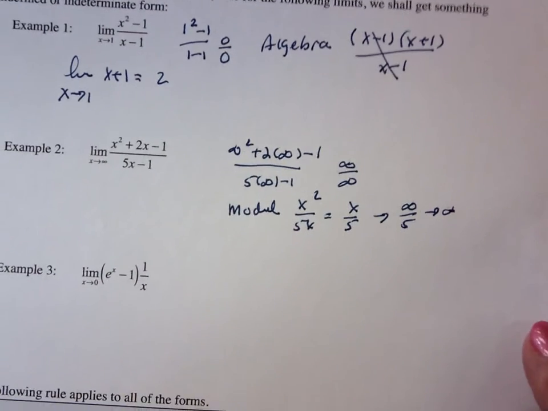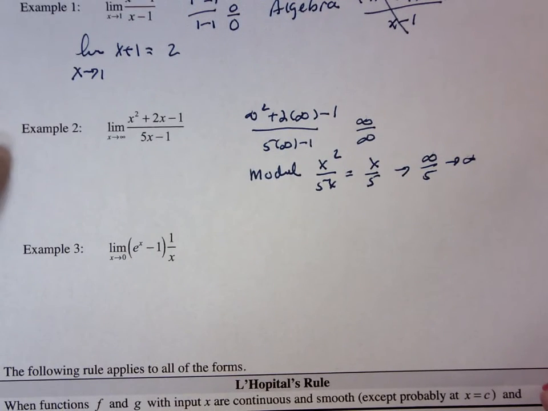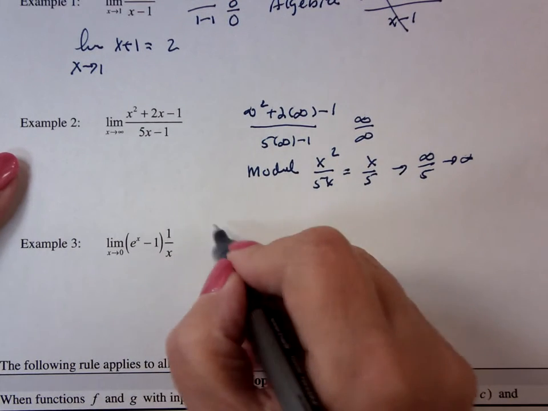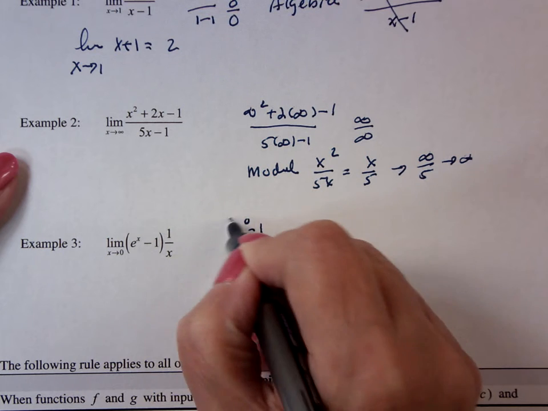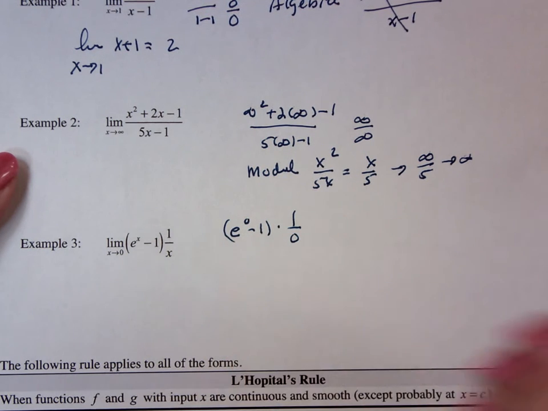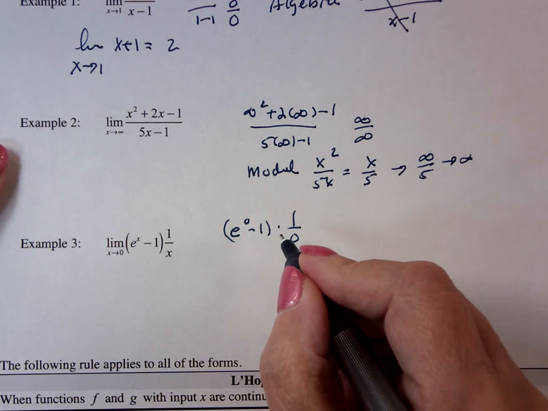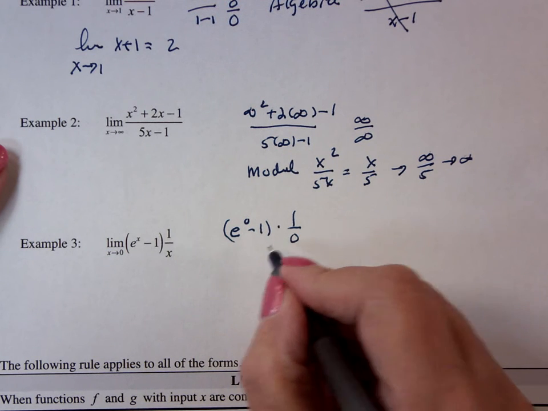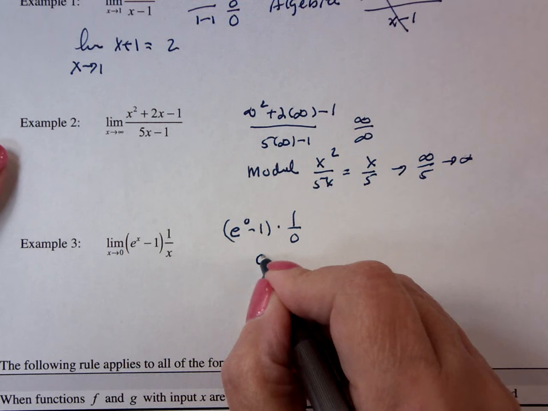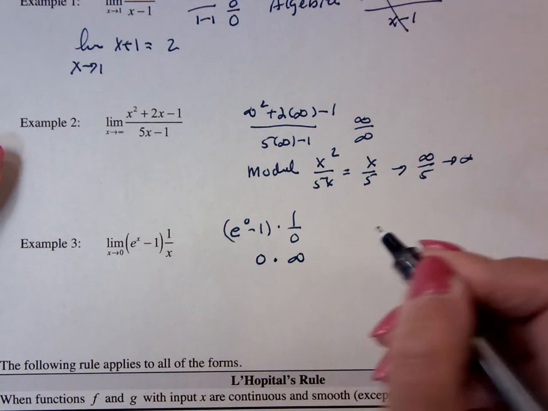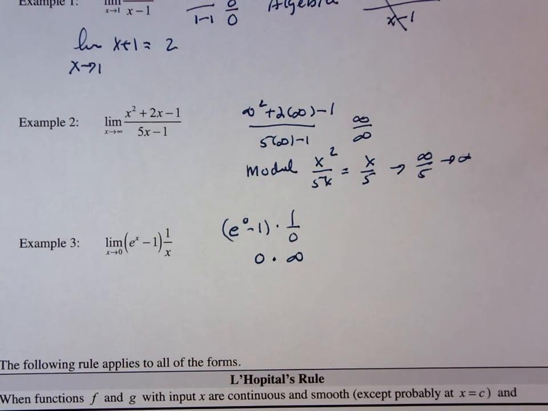Then we had this guy. And if you take a look, this is e to the 0 minus 1 times 1 over 0, which is 1 minus 1, that's 0, times 1 divided by 0 is infinity. It's 0 times infinity. Don't know what to do with that.